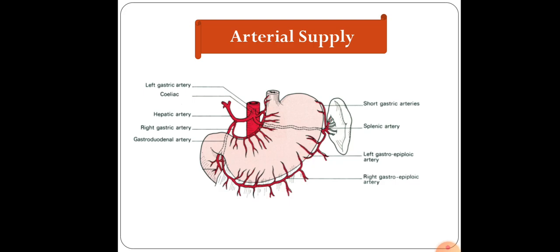So the blood supply of the stomach is by 5 arteries. The left gastric artery is a branch from the celiac trunk. The right gastric artery is a branch from the hepatic artery.